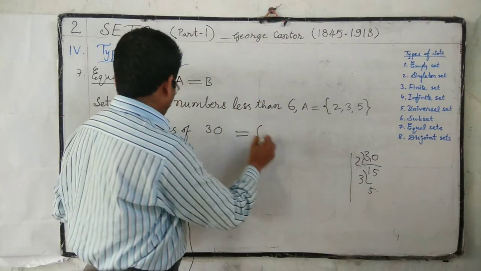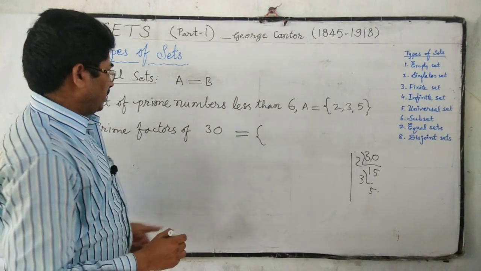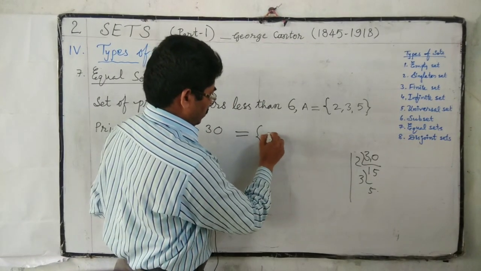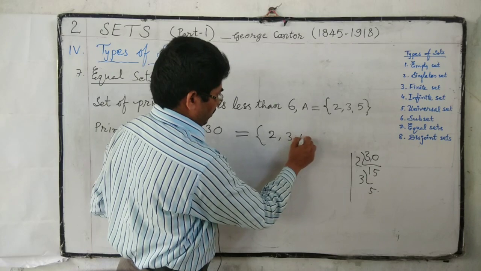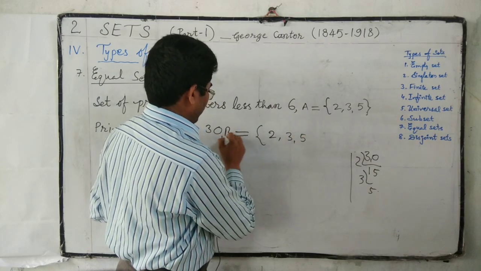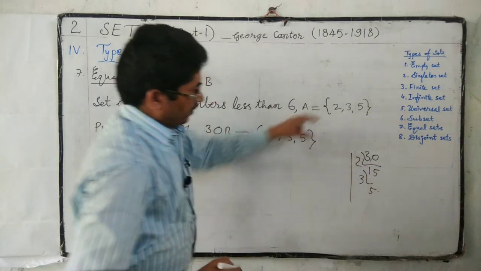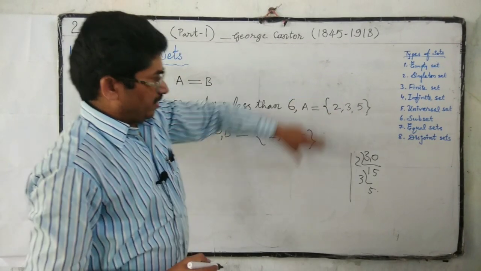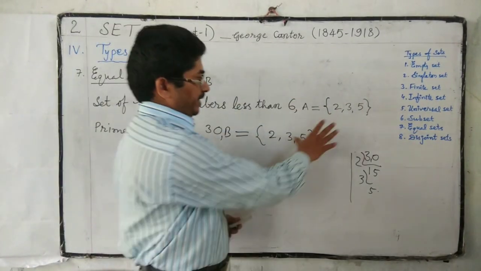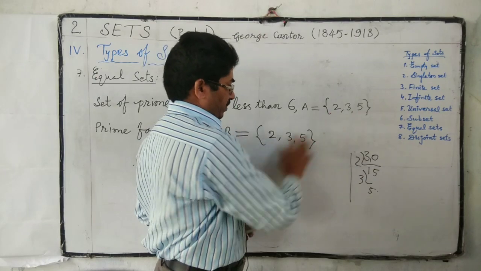So set of prime factors of 30 is equal to set of 2, 3, 5. So this is B. Both the sets contain the same elements 2, 3, 5.